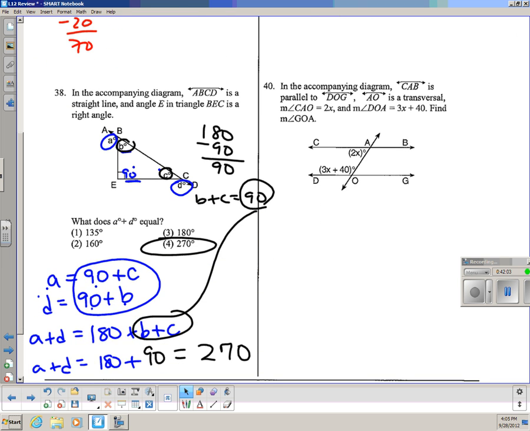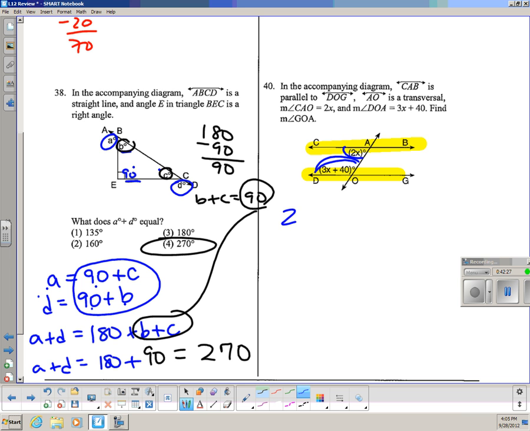All right, number 40 says, in the accompanying diagram, line CAB is parallel to the line DOG. AO is a transversal. Angle CAO is 2x, and the measure of angle DOA is 3x plus 40. Find the measure of angle GOA. So we have our two parallel lines cut by a transversal, with one angle acute and one obtuse.